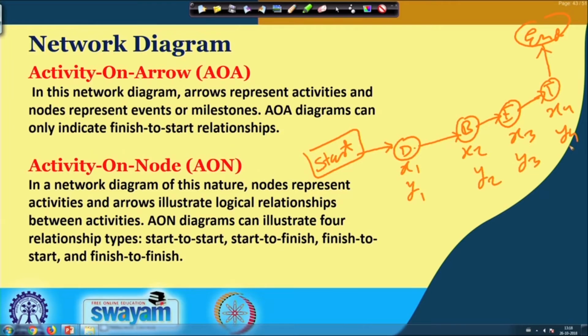The essential assumption is that cost is 0 and time is 0 on the arrow. Arrows are basically connecting the activities, but the time and cost expenses on them are 0. So basically it is the reverse way of presenting the different unit operations in the different types of network formation.